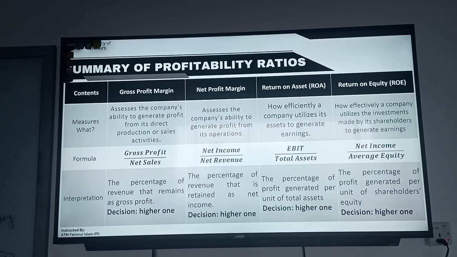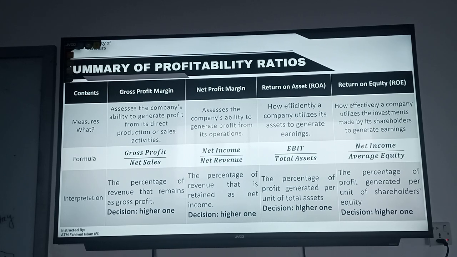The gross profit margin ratio indicates the percentage of revenue that remains as gross profit, which can be used to cover operating expenses and generate net income.